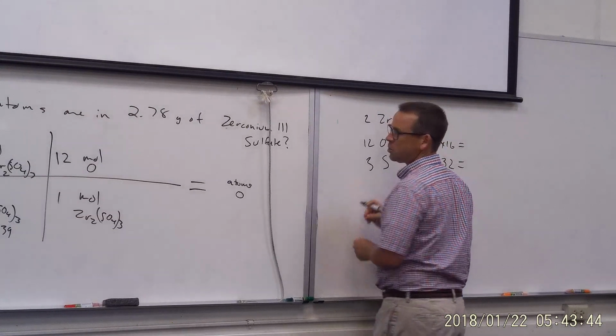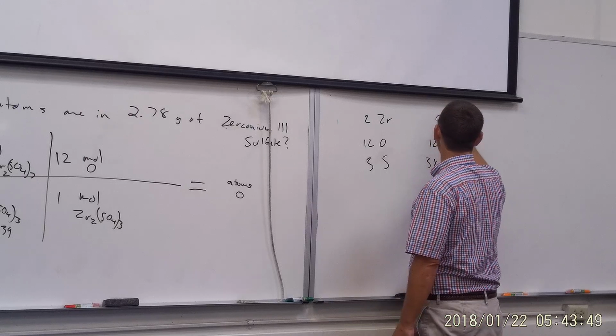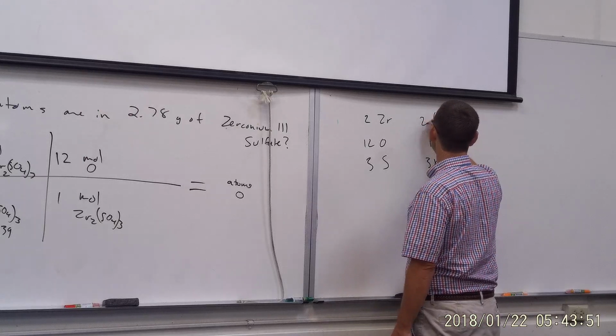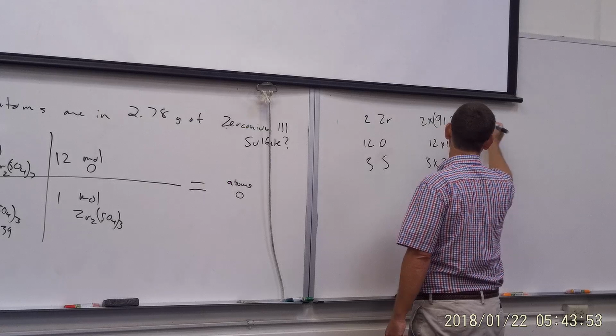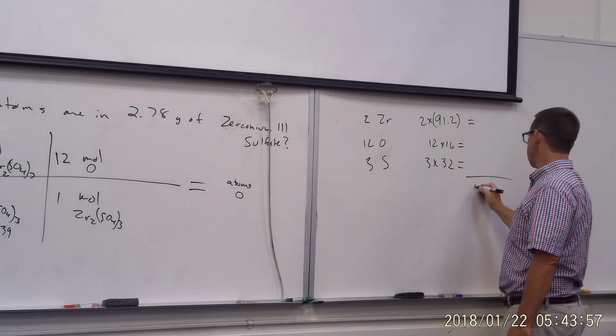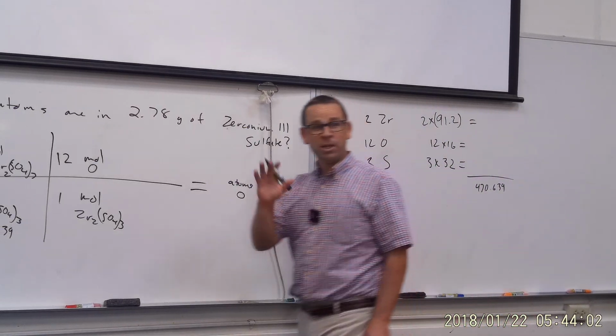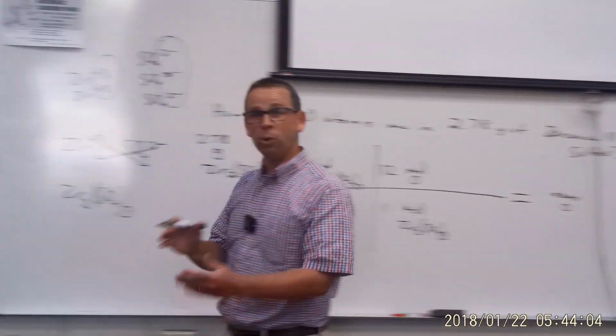And then zirconium. What's zirconium? 91.2. 91.2 times 2. All right, and then we add those up, and that's where we get our 470.639. That's how many grams you need to have 1 mole of that stuff, right?